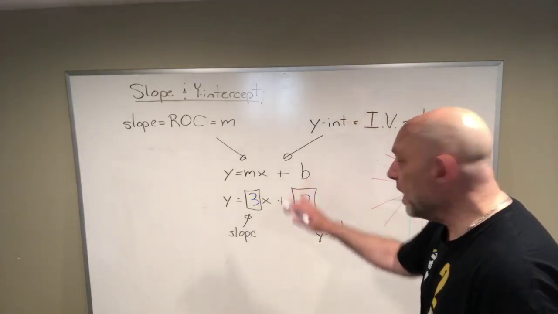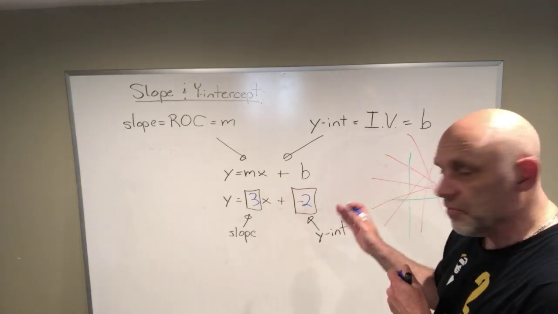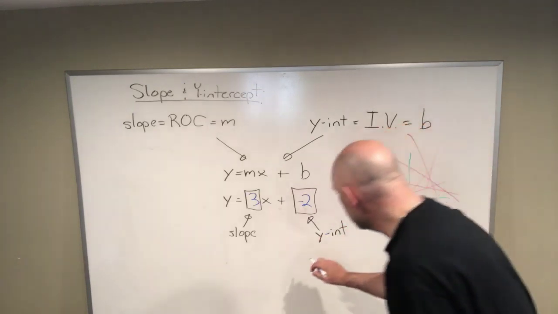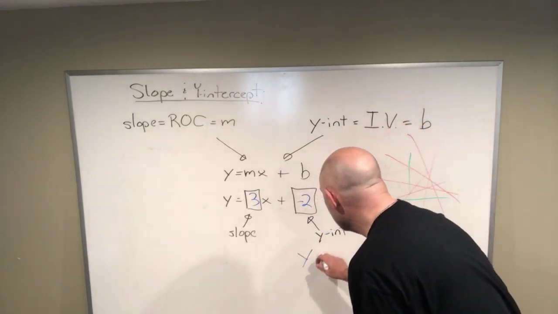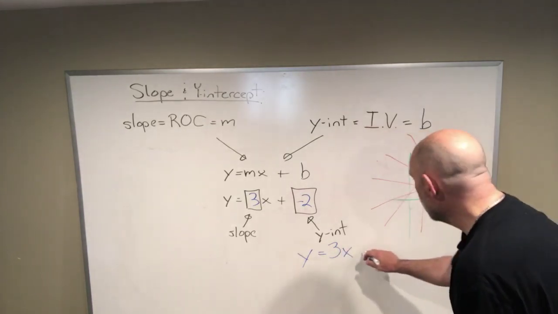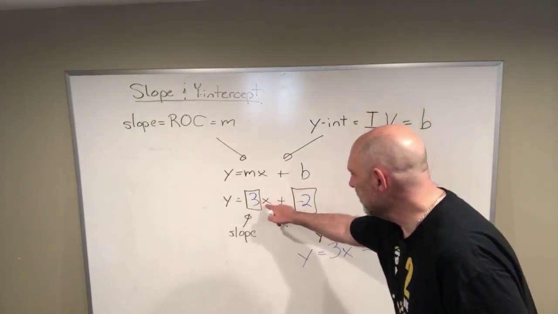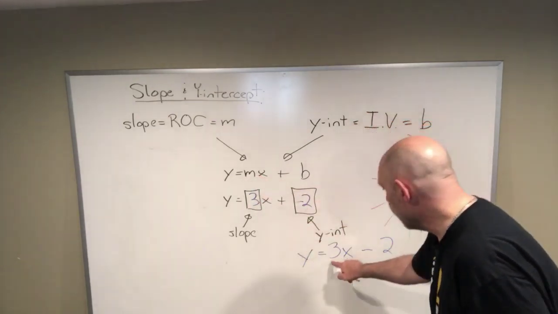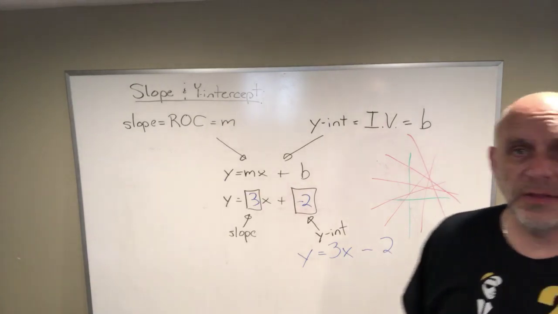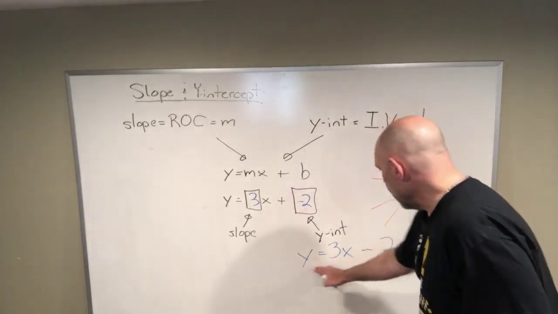So the equation of a line with a rate of change of 3 and a y-intercept of -2 is y equals 3 times x minus 2. So the slope is always multiplied by x. See, it's right beside, 3 times x, and then the number thrown on at the end is the y-intercept. That's the line.